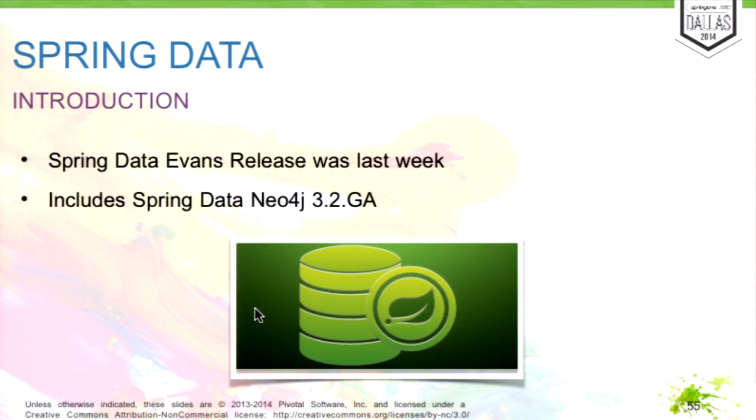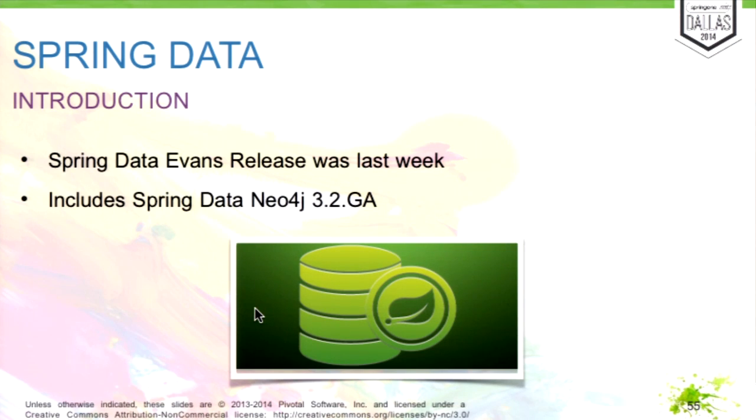First of all, I want to thank the Spring Data team, Christoph, Oliver, and all the others, Thomas, for building the Spring Data Evans release, which was built last week, but released officially yesterday, right? And it includes Spring Data Neo4j 3.2 GA. So you see that Spring Data Neo4j is quite an old project, so it's already at version 3.